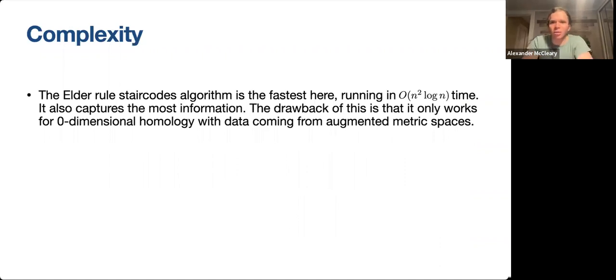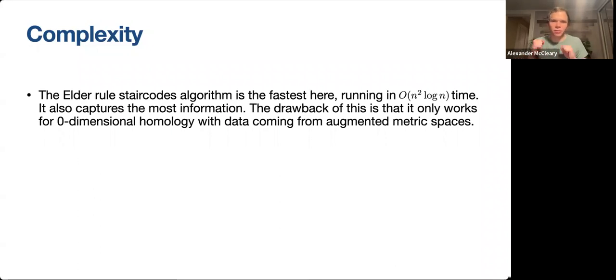Okay, so now let's talk about the computational complexity of some of these algorithms that we've looked at. The elder rule staircodes algorithm is the fastest, and it runs in O of n squared log n time. It also captures the most information, but it is the most specific as well.